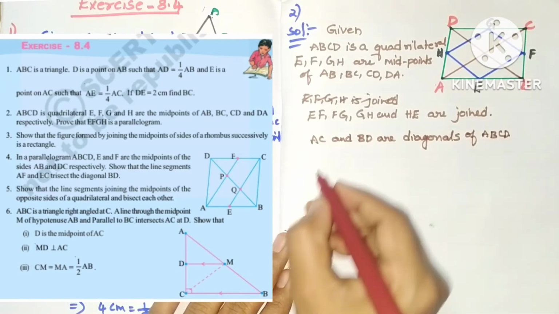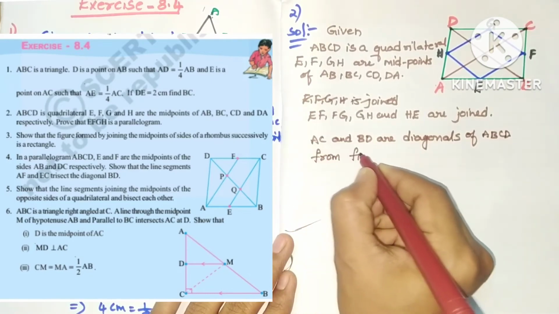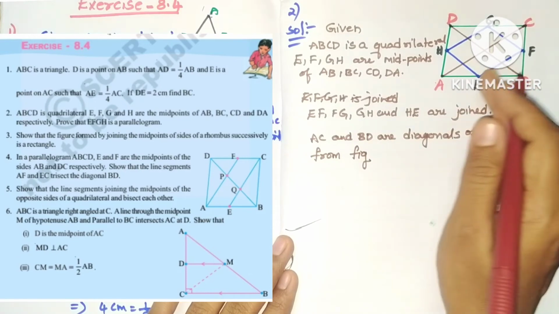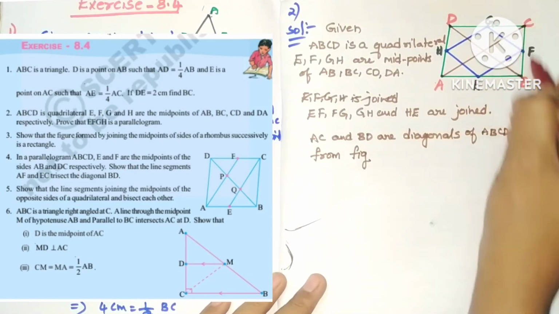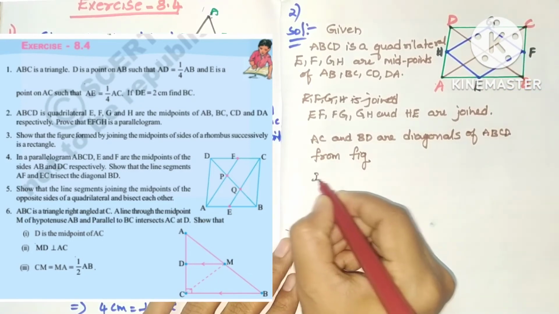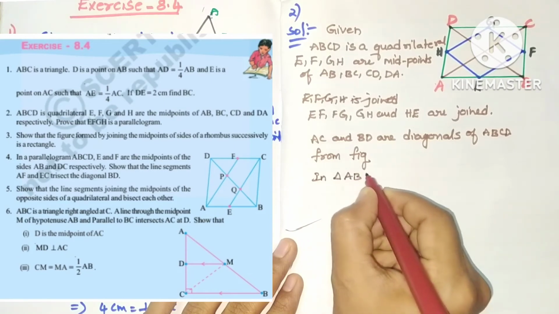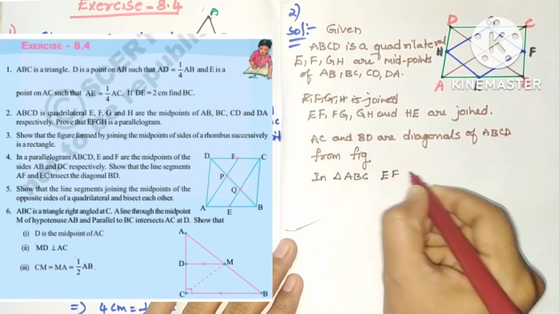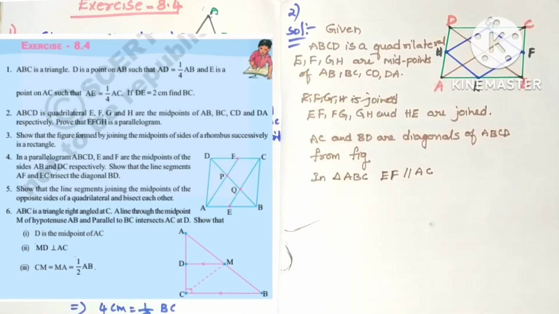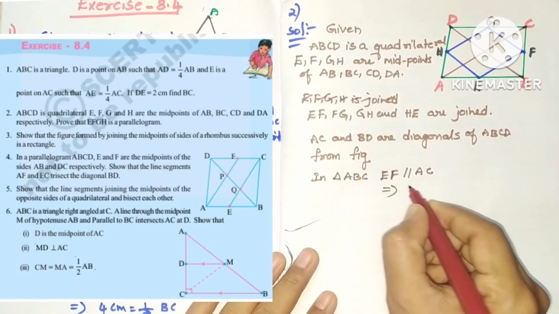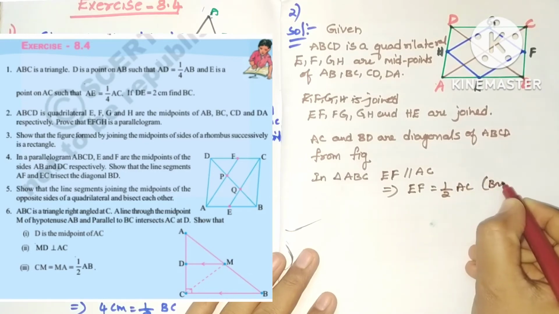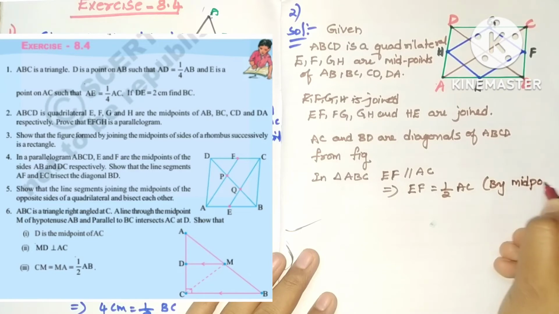Now from the figure, EF is parallel to AC, and E and F are midpoints in triangle ABC. Just consider triangle ABC. EF is parallel to AC, and E, F are midpoints, as already mentioned. So that implies EF equals half AC, by the midpoint theorem.